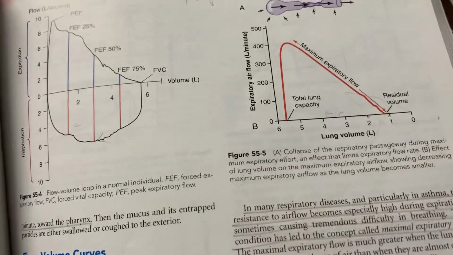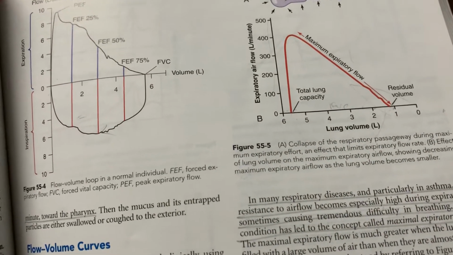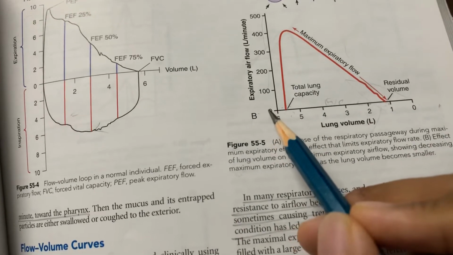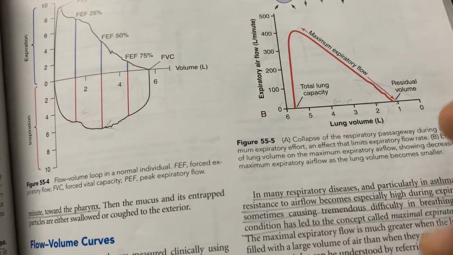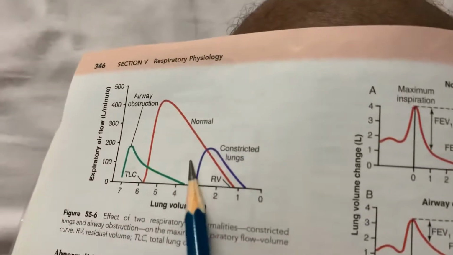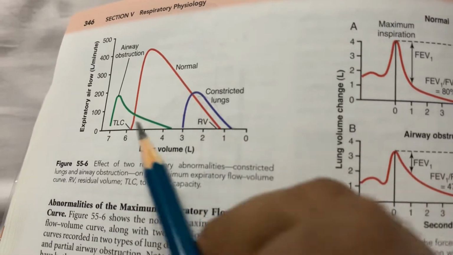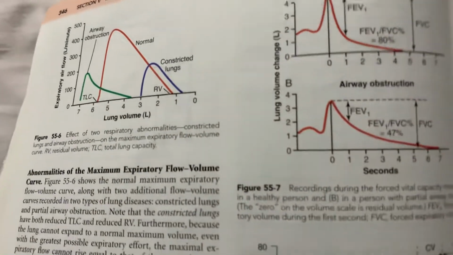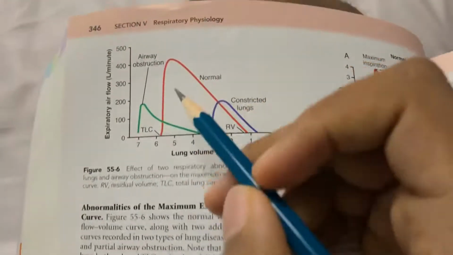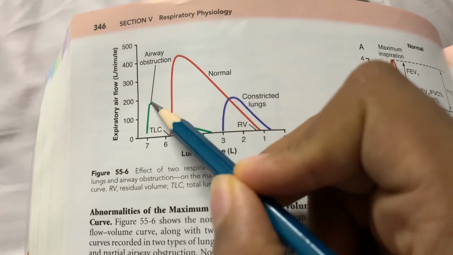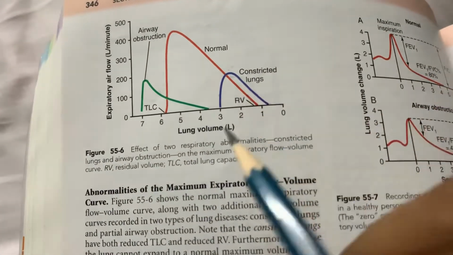What air remains in your lungs, you are not letting it flow out. So there is an increase in total lung capacity and also in residual volume. So there is a left shift. That is what you can see in this graph here, in restrictive or constricted lungs, and in airway obstruction. Also the peak expiratory flow decreases in both conditions.